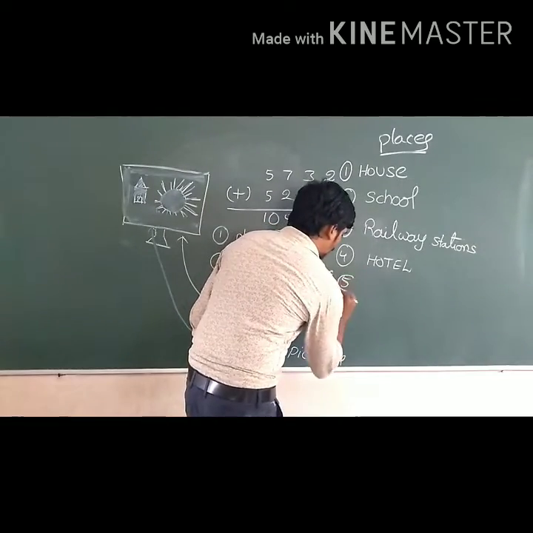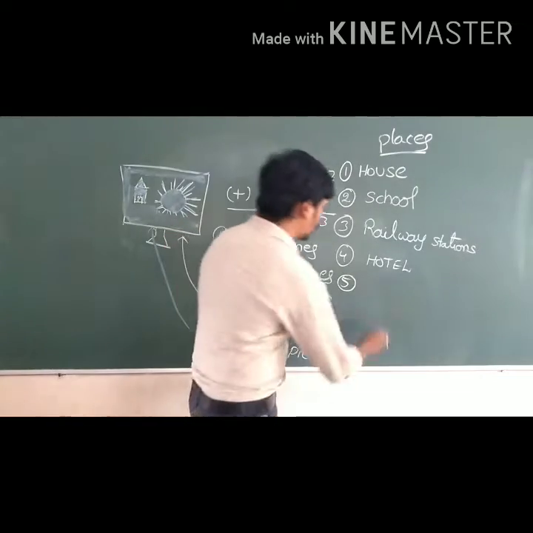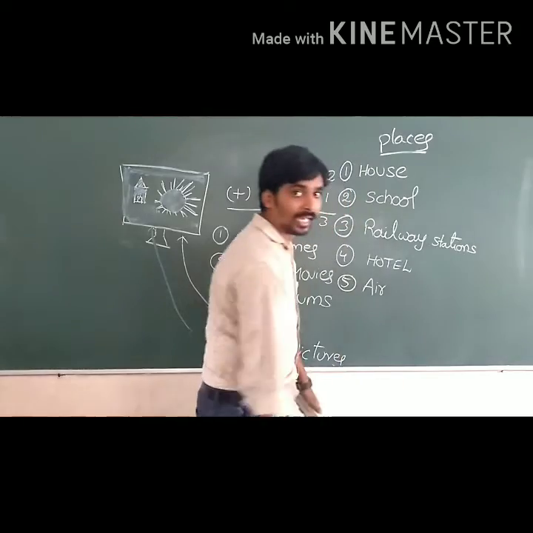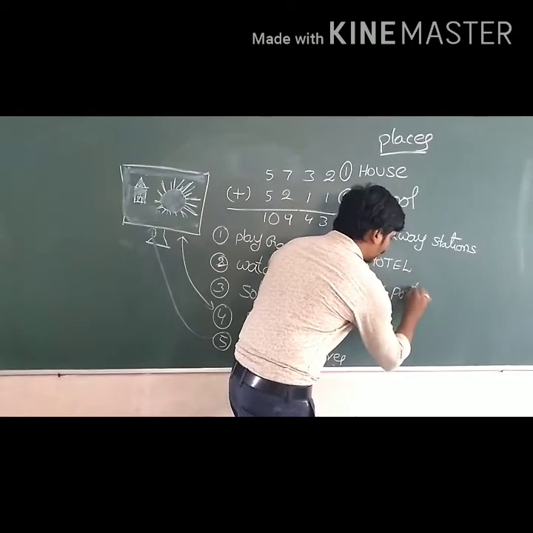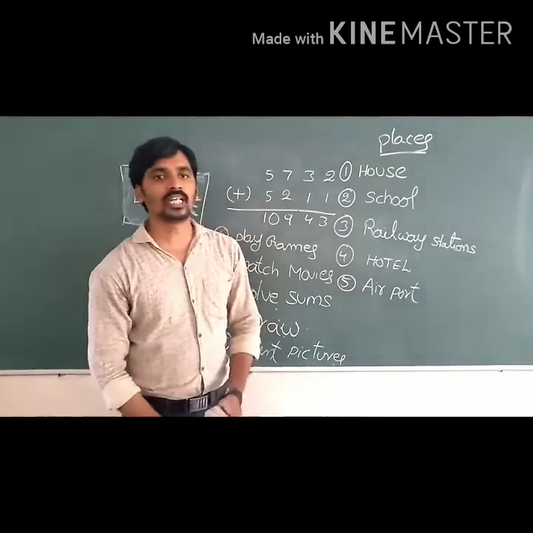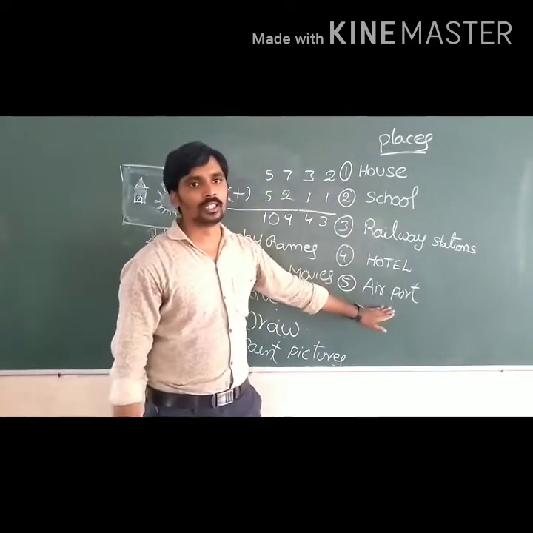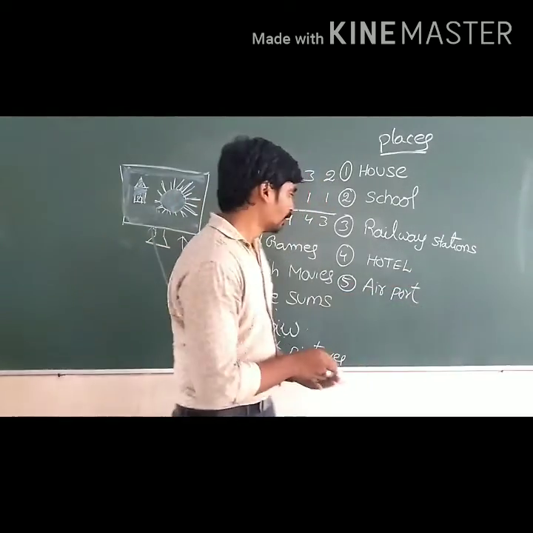And fifth one is airport. Which one? Airport. AIR, PORT, airport. Which place? Another place using for airport. Same one. It is also using to take the ticket.